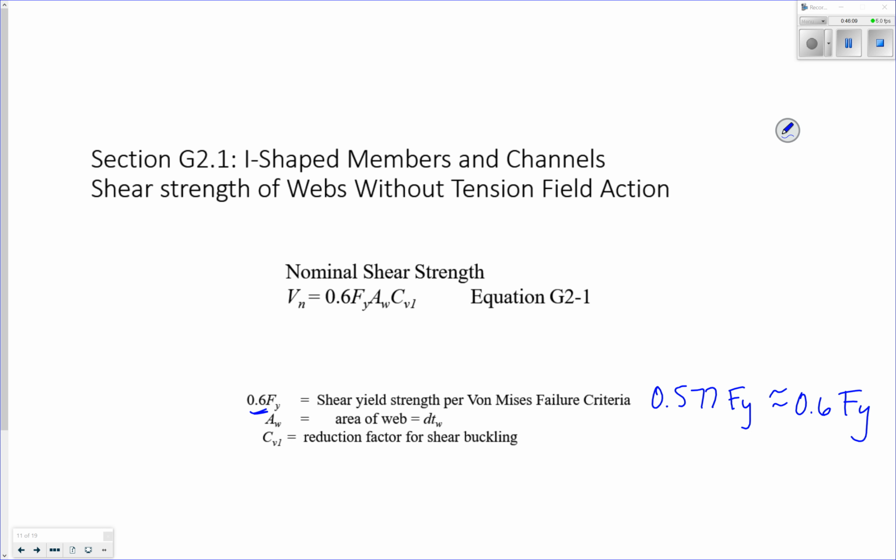And then we have a reduction factor to account for shear buckling. And that is how buckling is considered in shear design. It's not accounted for as a separate limit state.